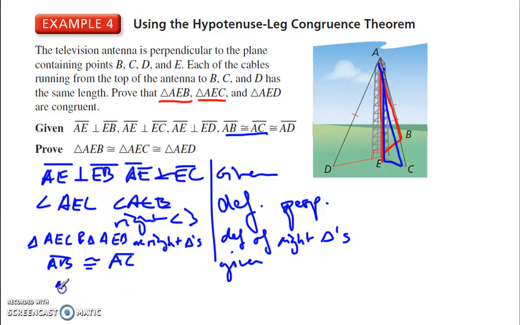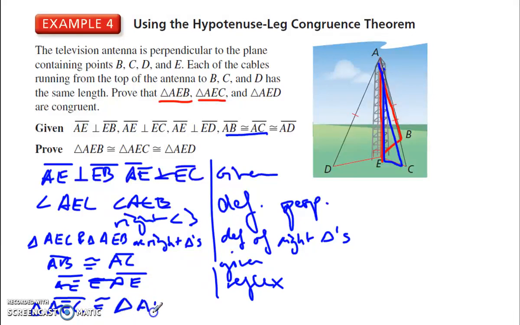We know that AE is congruent to AE, reflexive property, and therefore triangle AEC is congruent to triangle AEB.